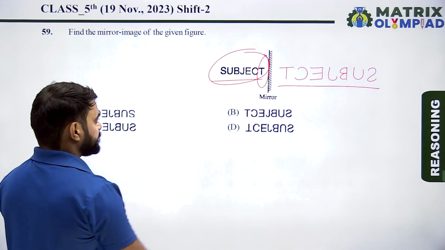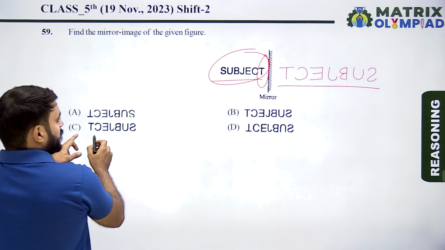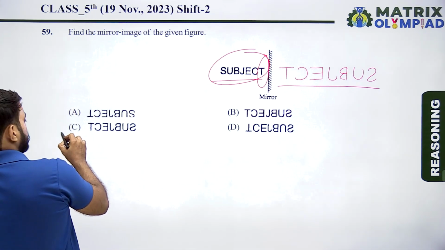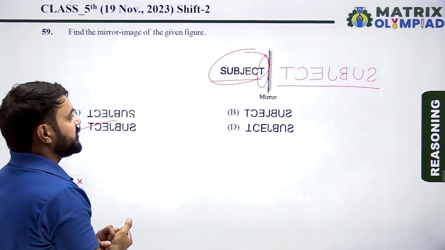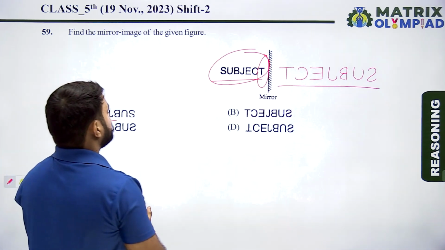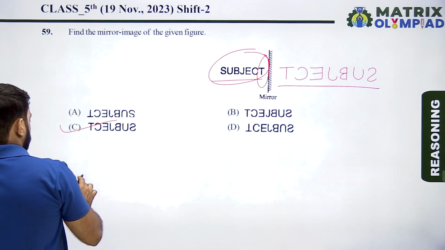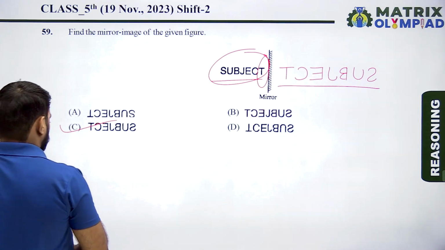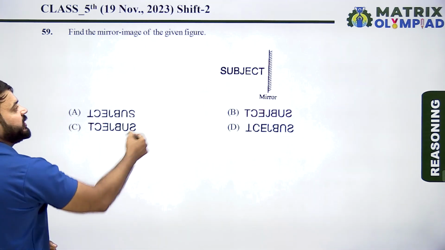So here option C is the correct mirror image of the given figure. So C is the right answer of this question. Now let's move on to the next question.